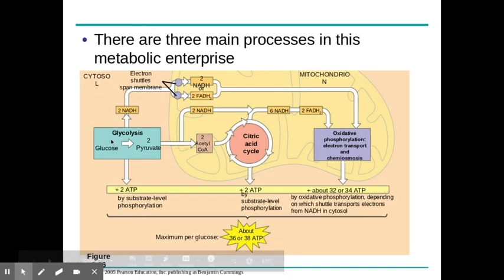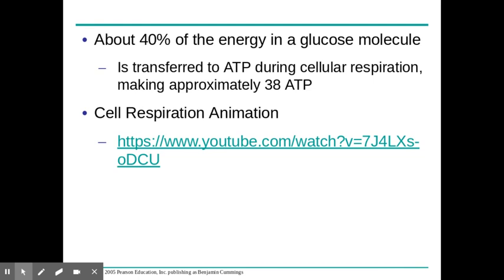So overall process here, we have glycolysis, breaking that down into pyruvate, which is made into acetyl-CoA in the link reaction, enters the citric acid cycle. Then we use the NADH from the glycolysis and the citric acid cycle to drive the ETC. The ETC is going to make a lot of ATP through oxidative phosphorylation.